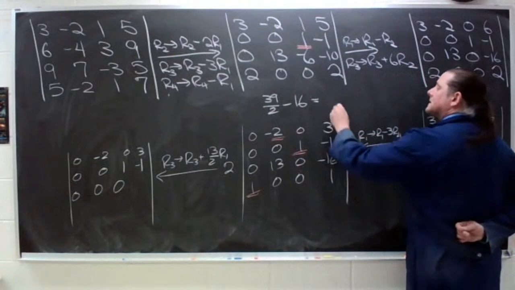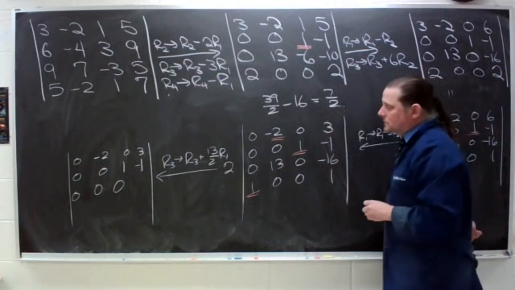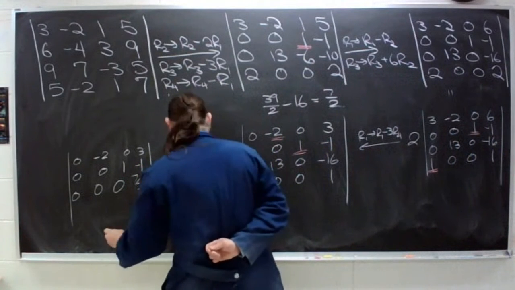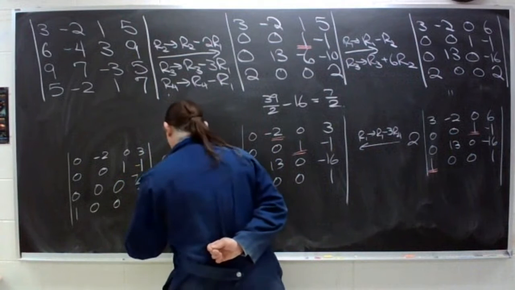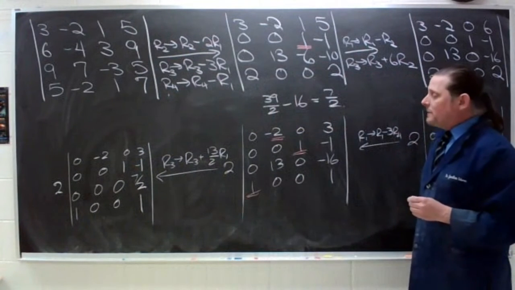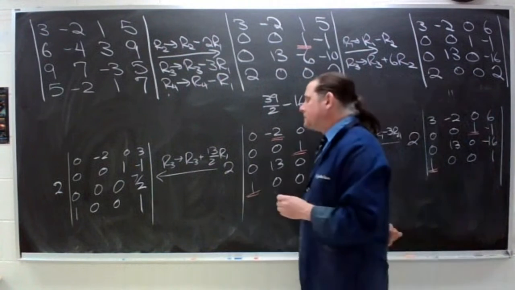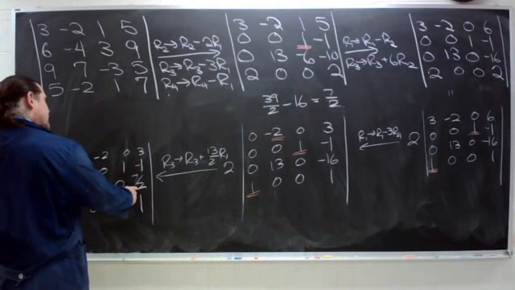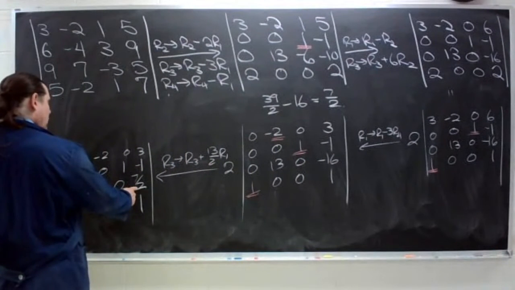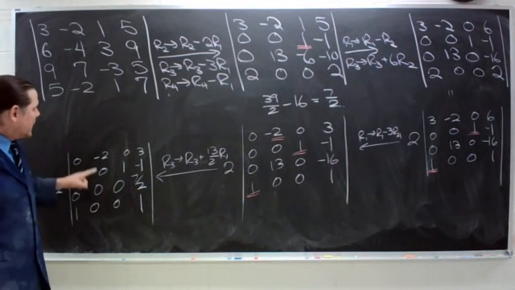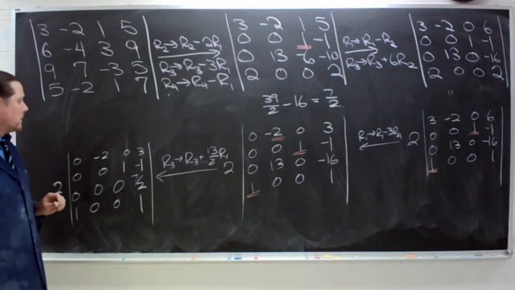That appears to be 7 halves. All right, and then I'll have 1, 0, 0, 1. But I've still got this 2 here, which actually makes it kind of nice. I could, if I wanted to, now use this as a pivot to clear its column. Notice that it won't change any of the other numbers.